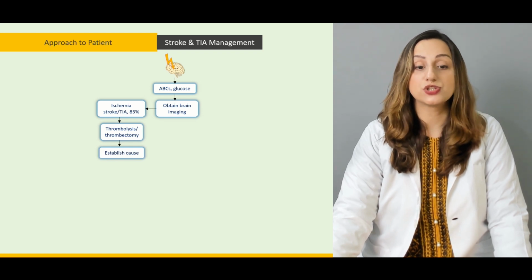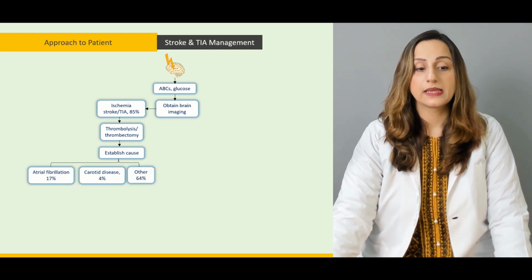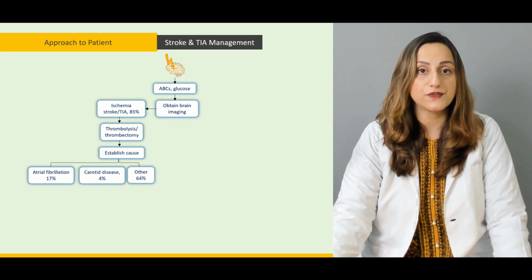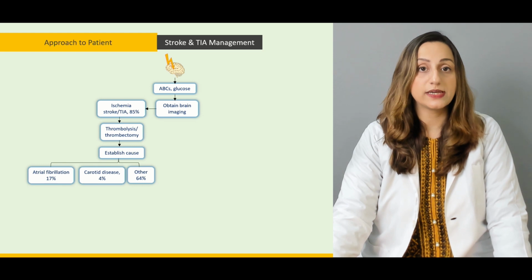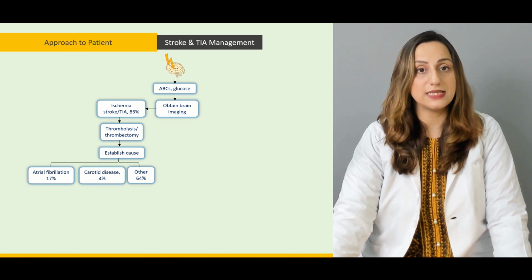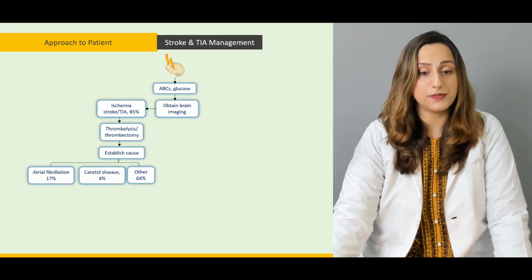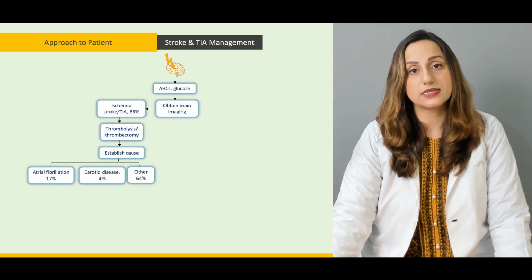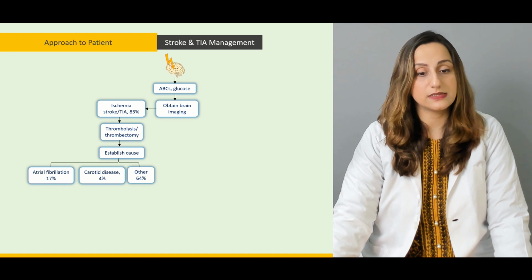We have to establish the cause as well. It can be atrial fibrillation that led to the dislodgement of thromboembolic plaques. It can be carotid disease, almost 4% of the patients. Other causes, or even idiopathic causes, are 64%.